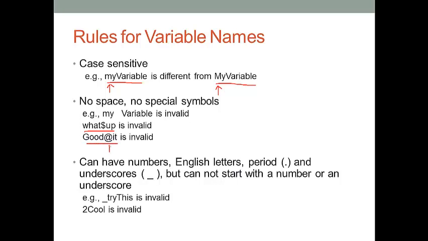The at symbol is also a special symbol, so we cannot use it in a variable name. The third rule is we can use numbers, English letters, period symbols, or underscores in a variable name. However, we cannot start with a number or an underscore in the variable name. Please remember these rules when you create variables in R.